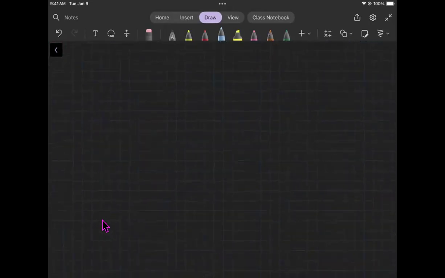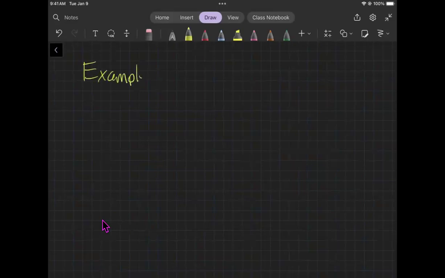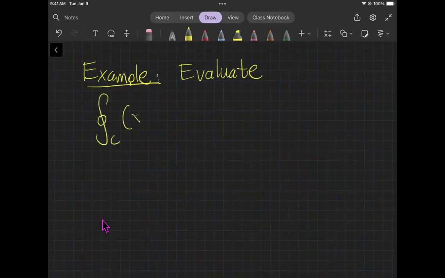One more example. Here's one more example. Evaluate, we're going to see this type of line integral, x squared plus y squared dx minus 2xy dy on this curve.